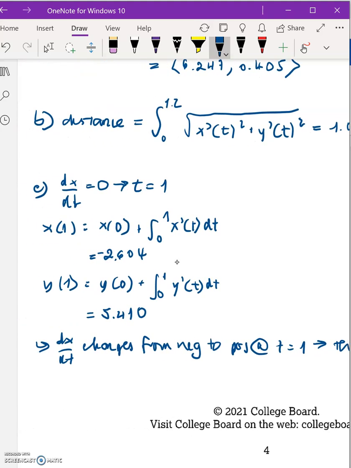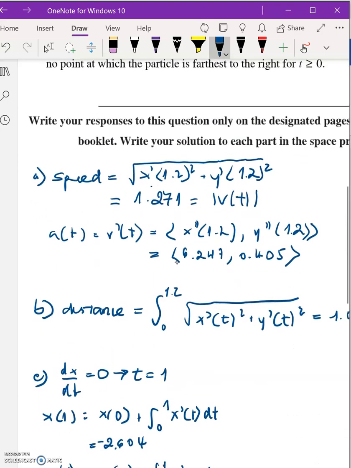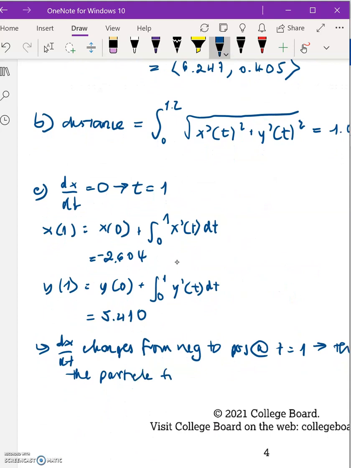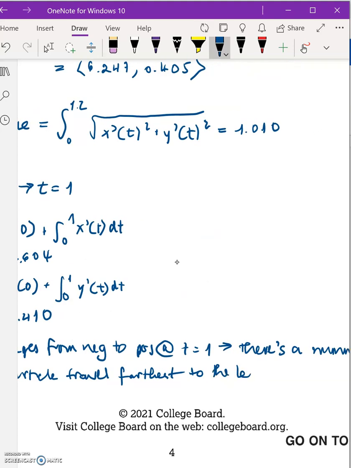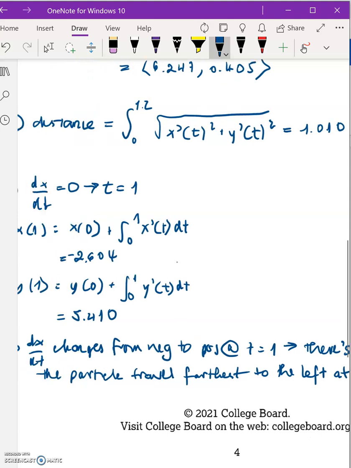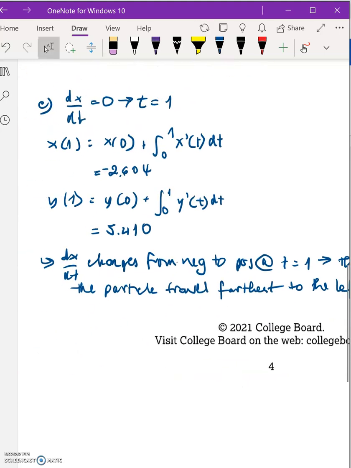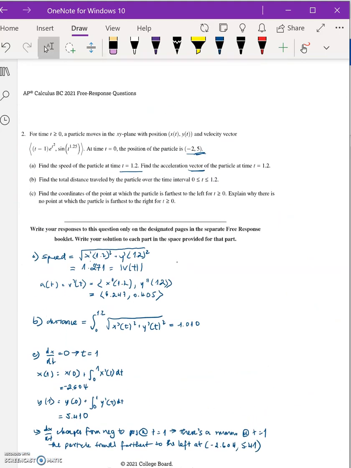So the particle travels farthest to the left at, and we're just going to put the points we just calculated in, which is -2.604 and 5.41.